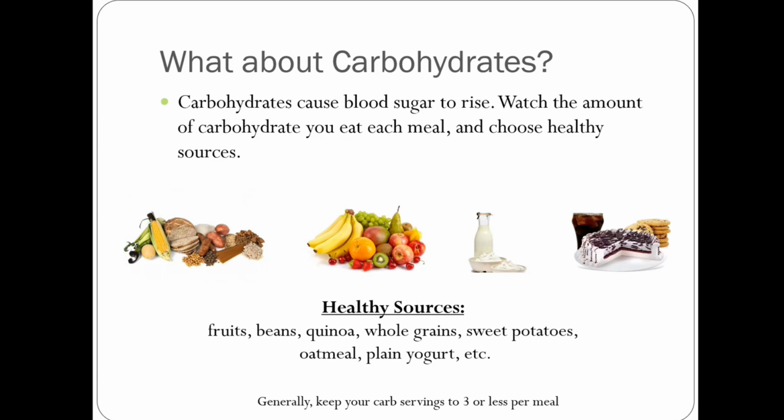The healthiest sources of carbohydrate foods are, again, closer to nature. So we're looking at fresh fruits and vegetables, beans, whole grains, sweet potatoes, oats, and plain yogurt that might be unsweetened. That way we're just getting the natural sugars that occur in these foods rather than added or excess sweeteners.